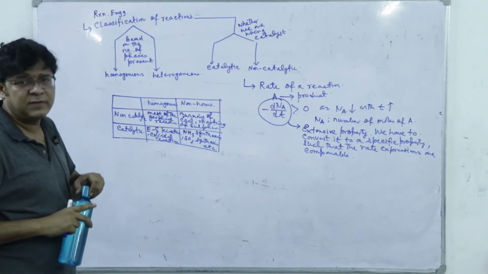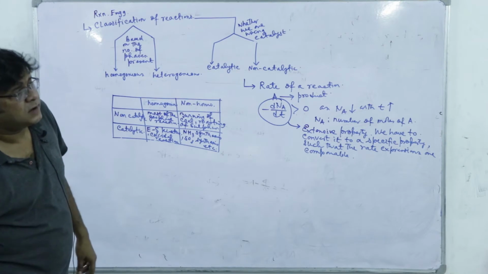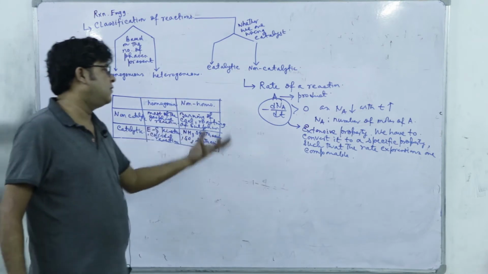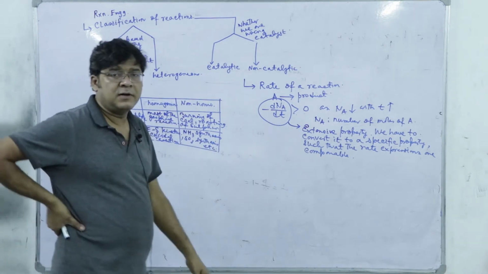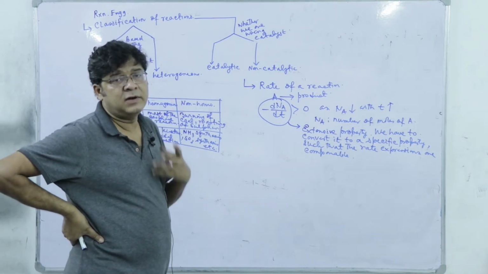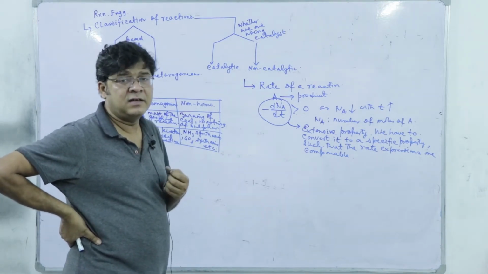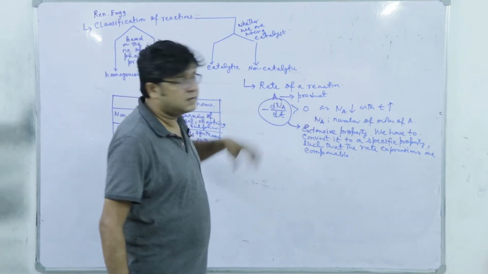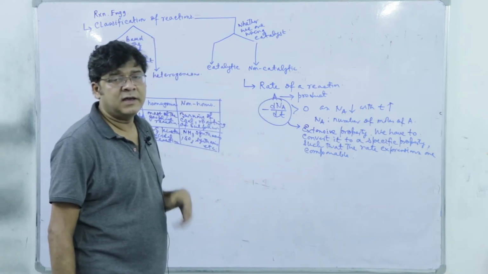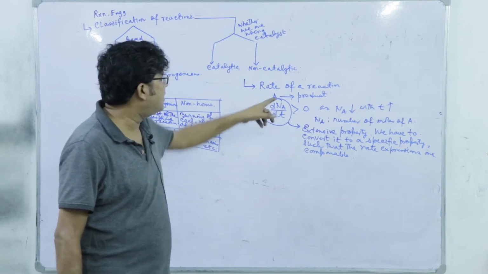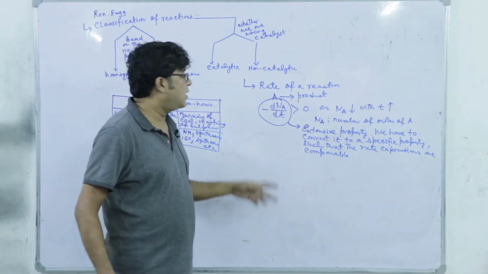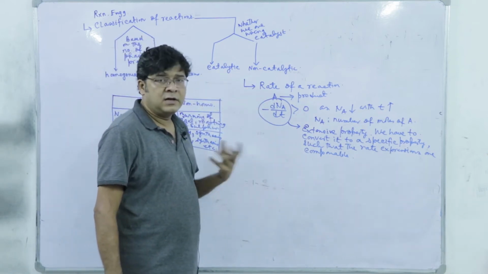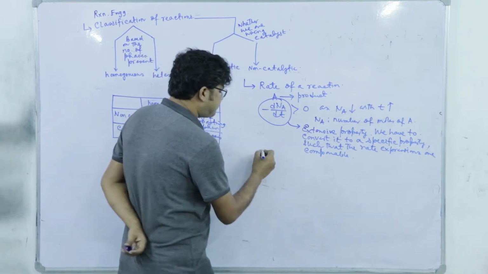Just like mass is to be divided by volume: mass is an extensive property, volume is an extensive property. If I divide, we get mass per unit volume, density, which is an intrinsic or specific property. Here too, this is an extensive property, so we must divide it by another extensive property pertinent to this reaction, and from there we can generate a specific reaction rate.